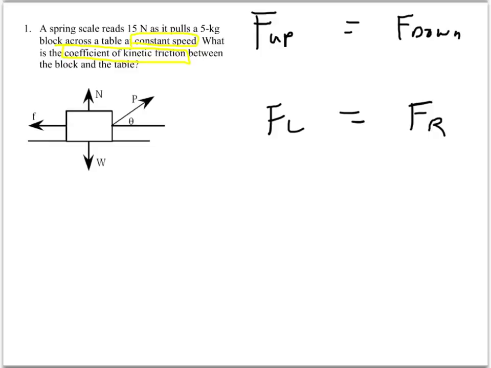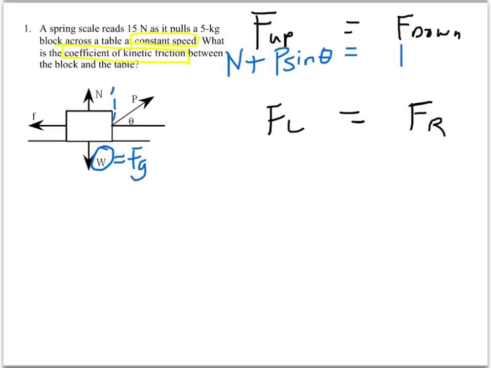For my up force, I see 2 forces. There's the normal force, and then notice this vector P, part of it points up, so we need the up part of P. The up part of P would be P sine theta, so that's the Y component of P. Both of those things are equal to the weight, W, and W is another way of saying Fg.